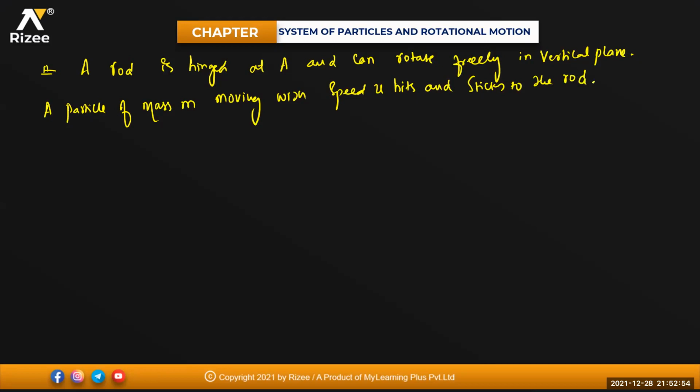So such types of problems will be there, something like this. This is your rod. This is your point which has been fixed at point A. This is your mass capital M. And here there is a particle of mass m which is moving with velocity u.